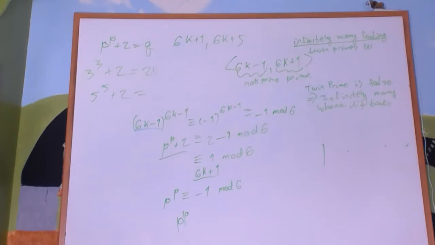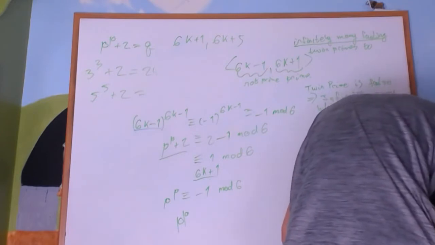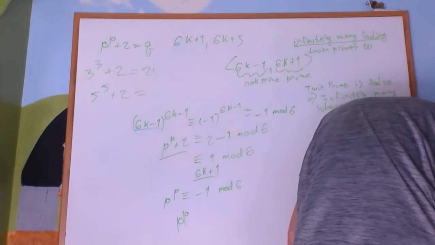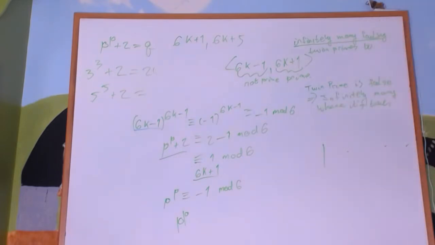But the twin prime conjecture's probably not false. So the twin prime conjecture is probably true, but that doesn't exclude anything about infinitely many non-twin primes. So this is related to the twin prime conjecture.